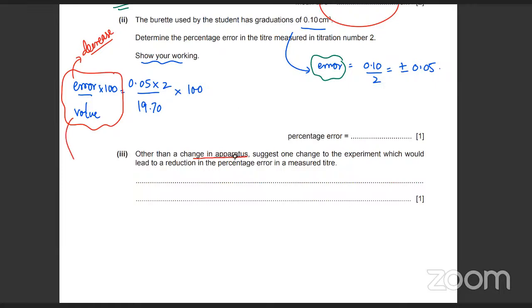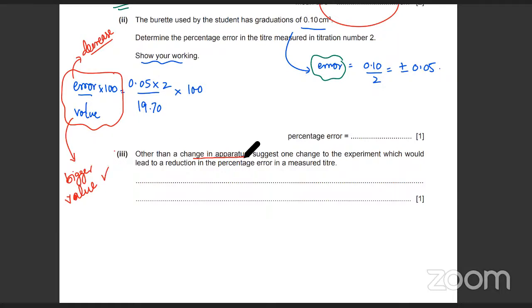The other way you can change the percentage error is if you have a bigger value. If you have a bigger value, the error over the actual value, the percentage error, would automatically decrease because your denominator would be much bigger. So that's another way of decreasing the percentage error.